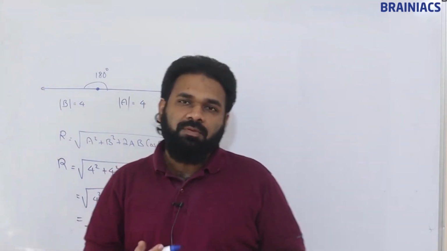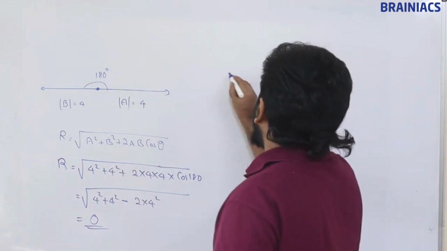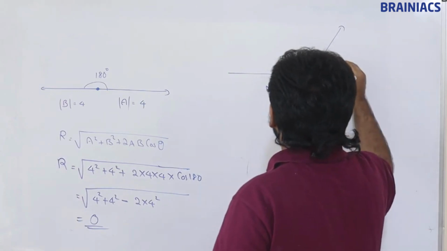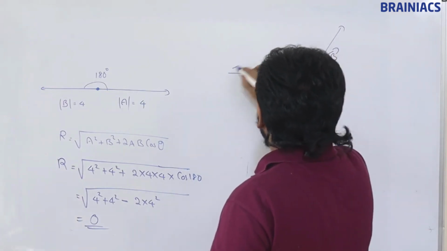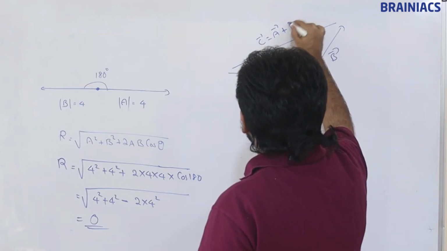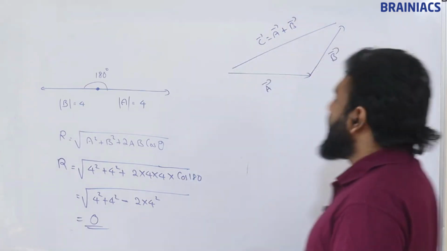So all these things we have seen. Triangle law of vector addition: if this is A, this is B, this C vector is nothing but A plus B, the resultant.